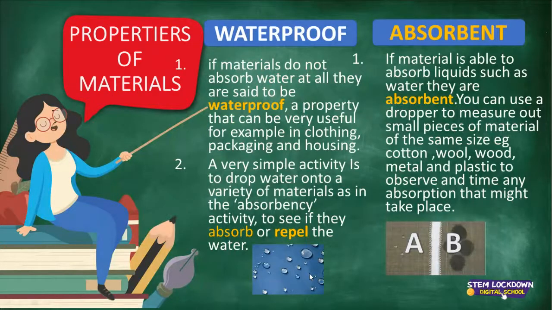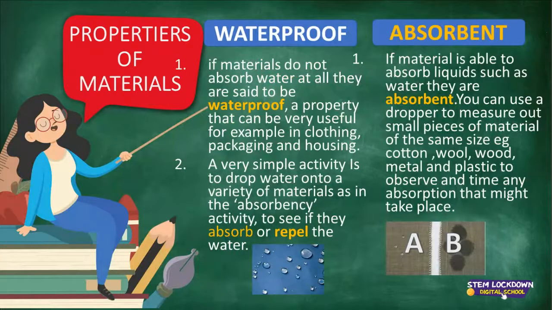Now on the side of absorbent, which is the opposite of waterproof, a material is able to absorb liquids. When it is absorbent, you can use a dropper to measure out small pieces of the same size of cotton, wool, wood, metal, and plastic to observe and time any absorption that might take place.